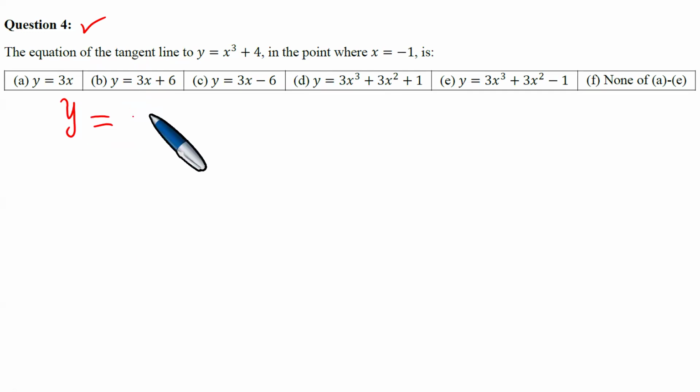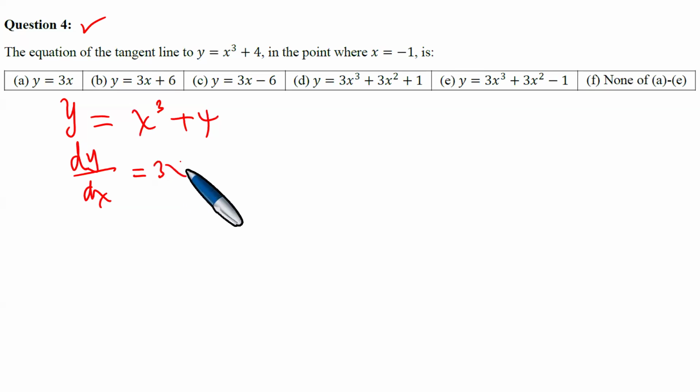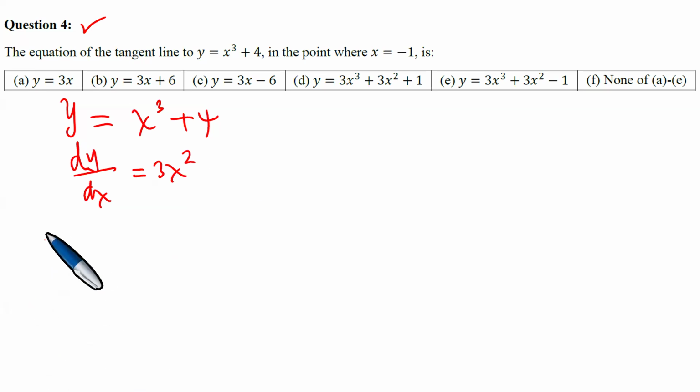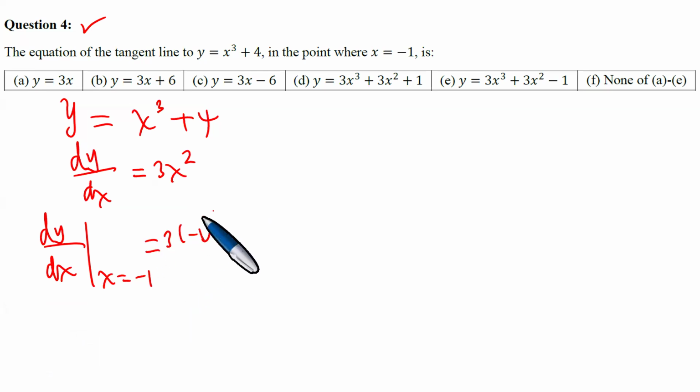So y is x cubed plus 4. dy/dx, the derivative of this, would be 3x squared. And we're interested in finding the equation of the tangent line. Therefore, we have dy/dx at x equals minus 1, which is 3 times minus 1 squared, and it becomes 3.